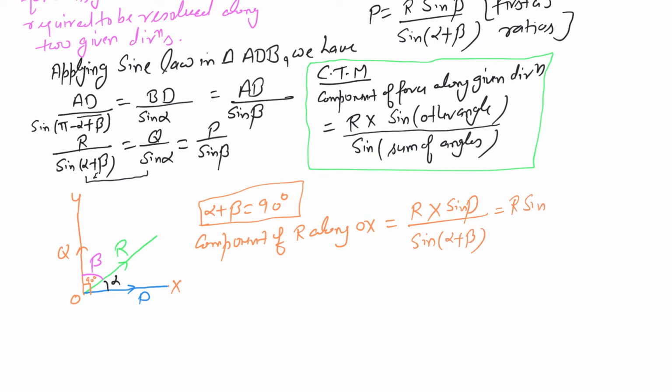R sine beta divided by sine 90 degrees, and sine 90, you know, is 1.